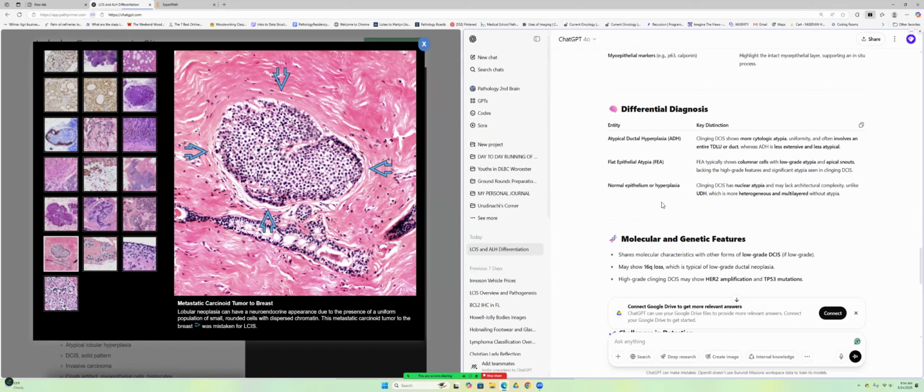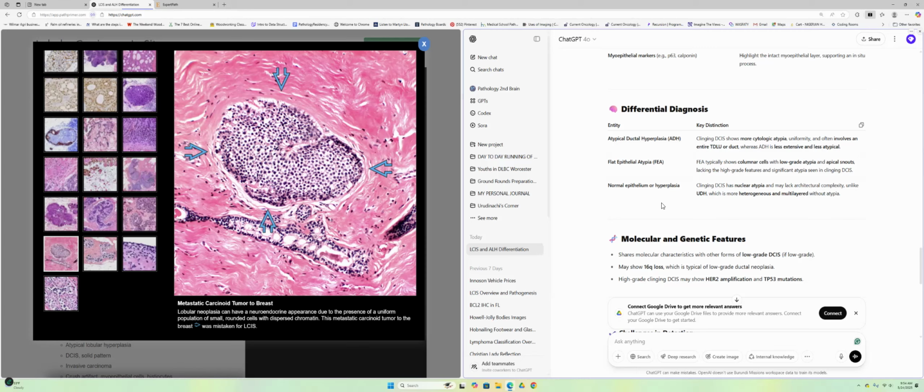We saw it when we were looking at flat epithelial atypia, right? Remember, what's the difference between flat epithelial atypia? They have apical snouts, right? They usually have stratification greater than 2 layers. Am I right?